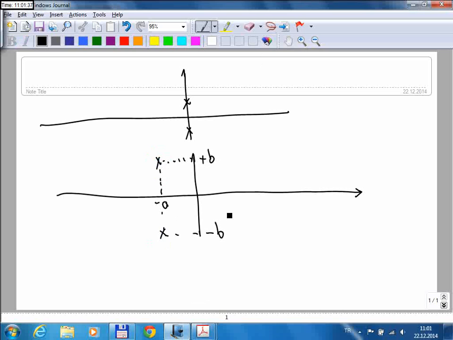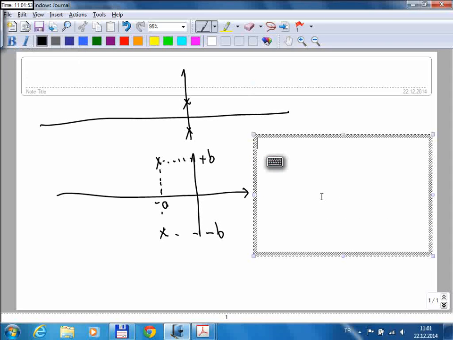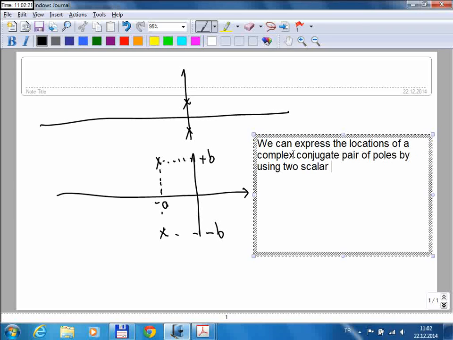So this means for damped systems, we can express the locations of a complex conjugate pair of poles by using two scalar quantities.